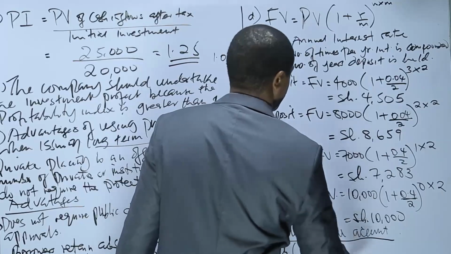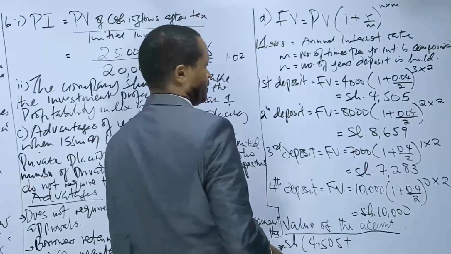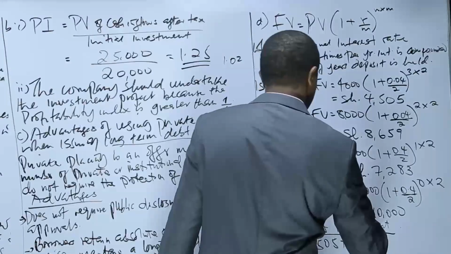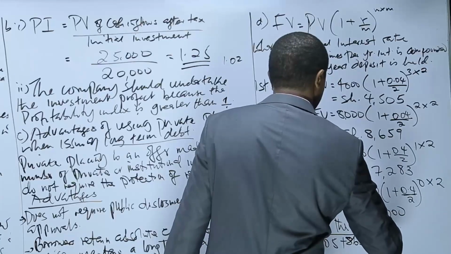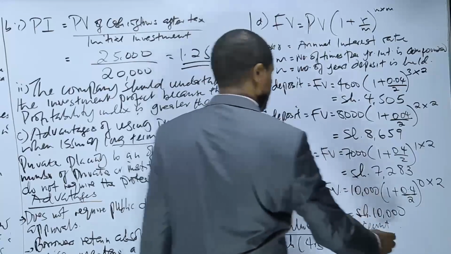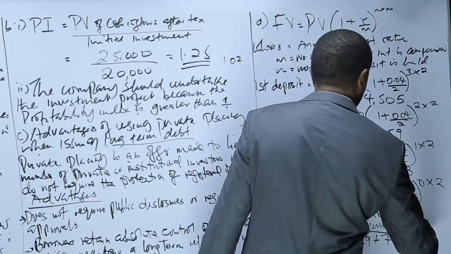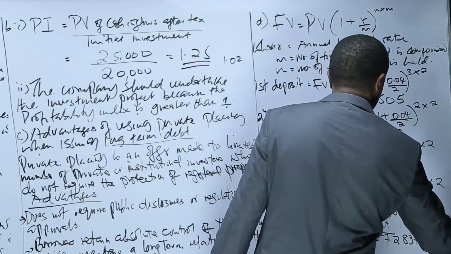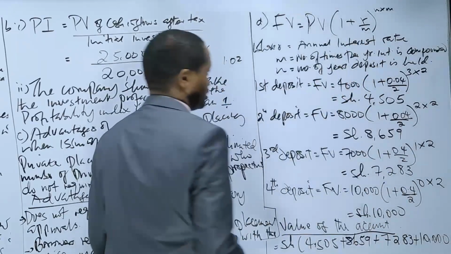The value of the account will be equal to the 4,505. We add the amount that was in the bank for 2 years. We have it 8,659. We add 7,283, then we add the 10,000. So this will be the total money in this account.